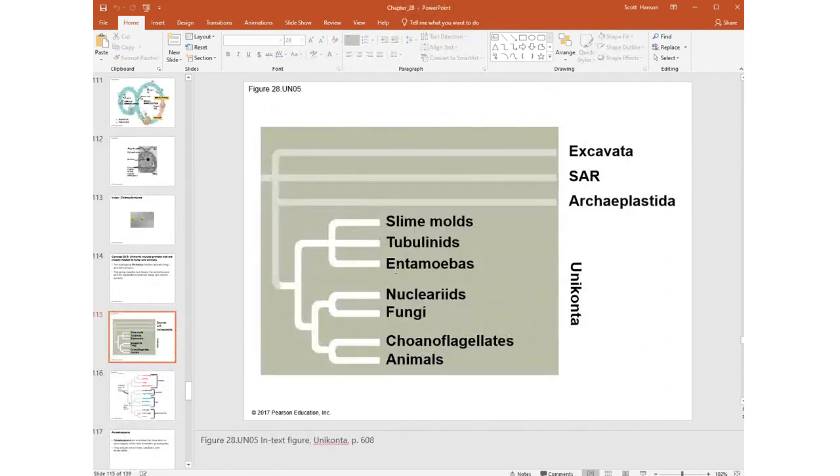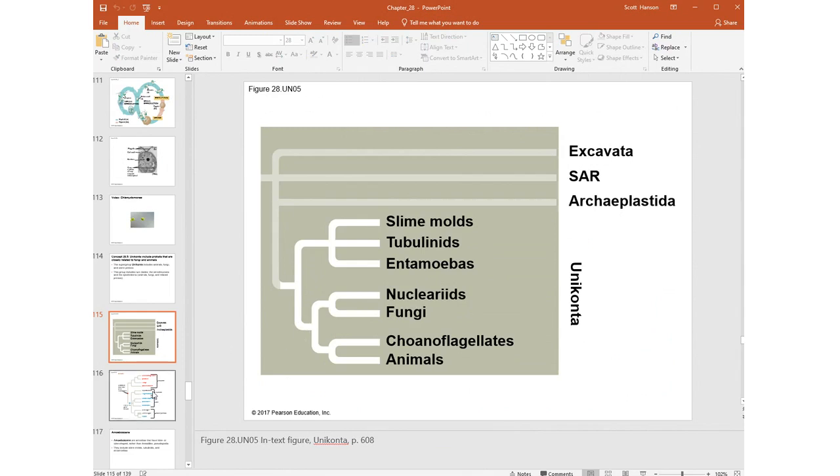And so here you can see the Unikonta drawn out into the different branches. These are the opisthokonts, the animals and fungi and related protists. Okay, and then these are the amoebozoans, slime molds, tubulinids, and entamoebas.